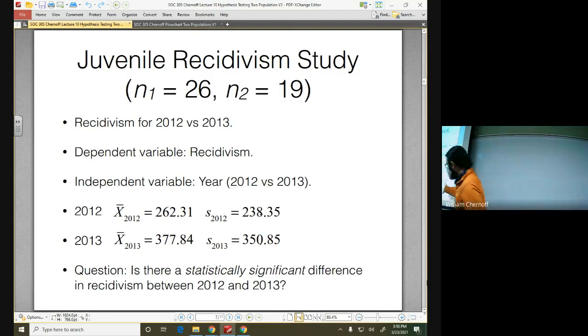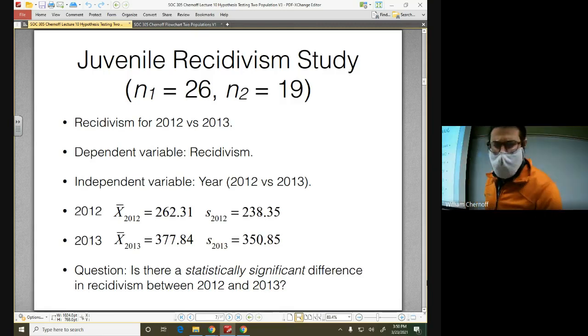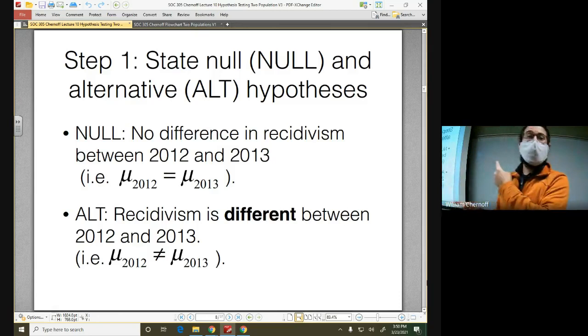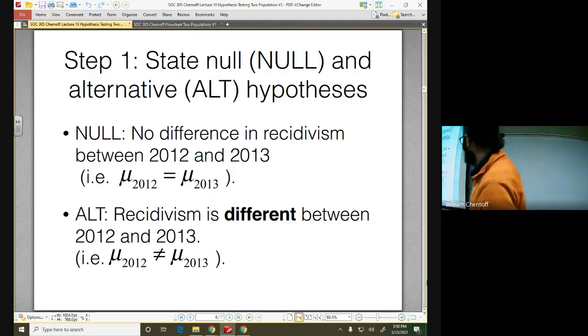So we can test that claim. Is that difference real? So we go to step one. We specify our null and our alternative hypotheses. The null is always that doubting scientist claim. Nothing works. Everyone's the same. So the null here is that the population mean recidivism in 2012 is the same as the population mean recidivism in 2013.